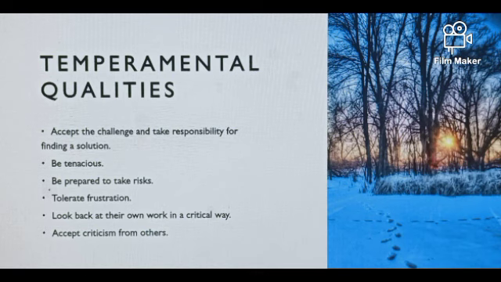Problem solving requires students to be prepared to take risks, to tolerate frustration, to look back at their own work in a critical way, and accept criticism from others.